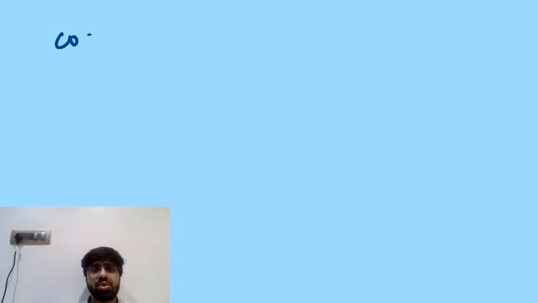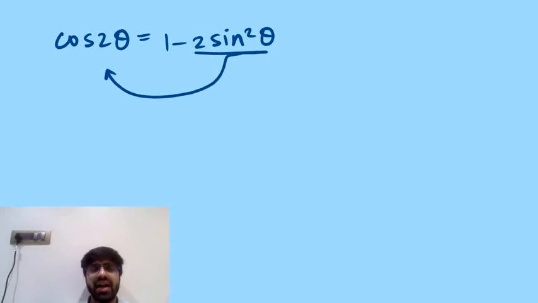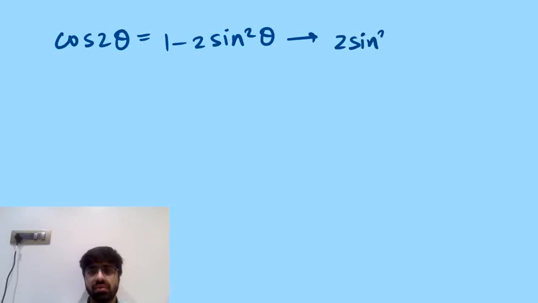So if we have cos 2 theta as 1 minus 2 sin square theta, we can take 2 sin square theta on the left and bring that cos 2 theta on the right. So we will have 2 sin square theta as 1 minus cos 2 theta, or let's write it as 1 minus cos 2 theta as 2 sin square theta.